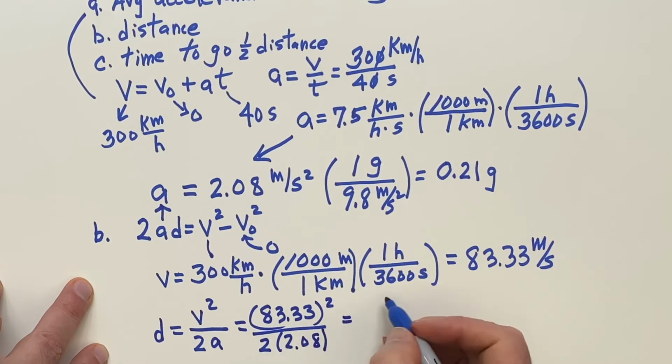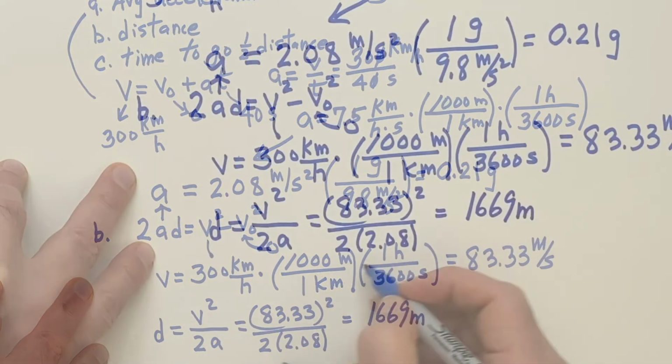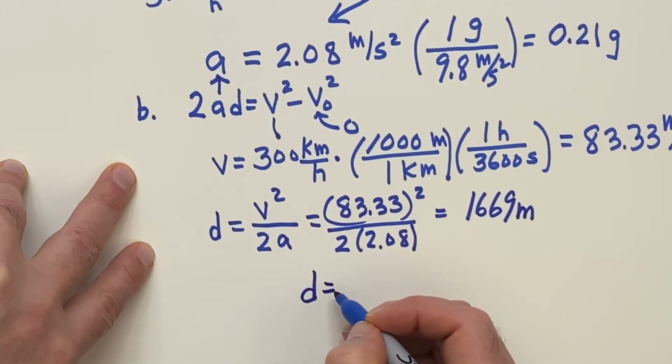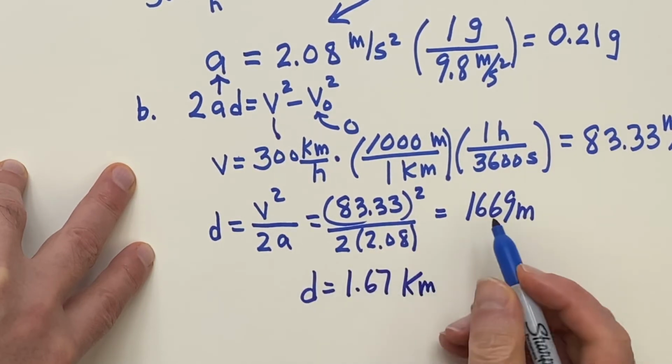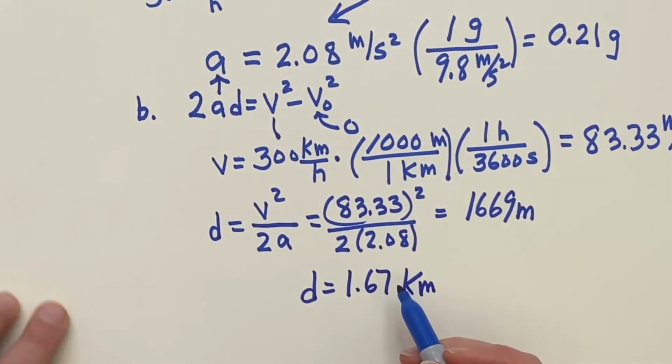And when you work that out, you get 1669 meters, which is 1.67 kilometers. So we got the second one.